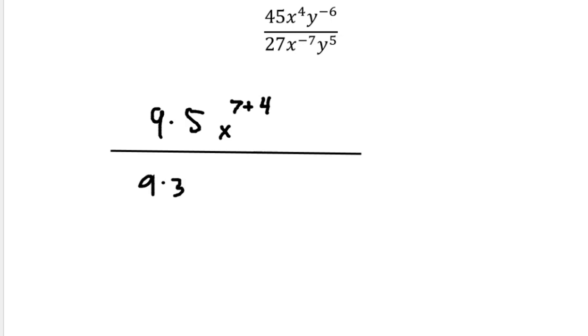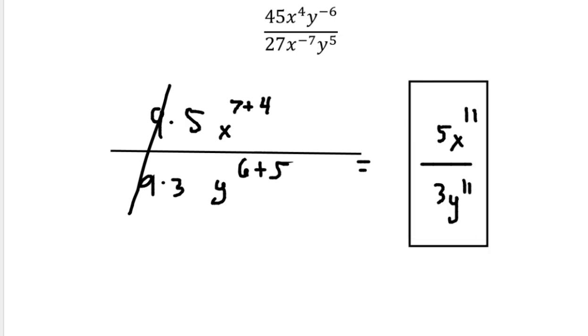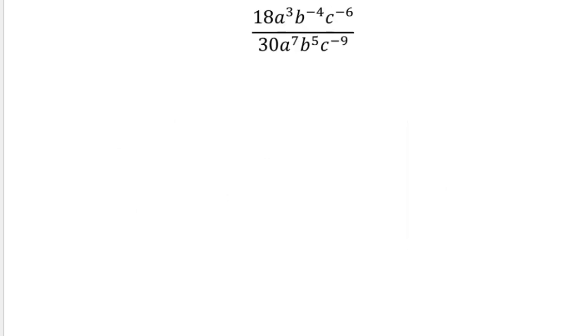So we can just break this down into 9 times 3, and y raised to the 6 plus 5. We just move it into the denominator so it can be positive. We can cancel 9 here. So we got x raised to the 7 plus 4 is going to be 11, and we have 3 y raised to the 11. So this is the final answer for this one. Simplified fraction.